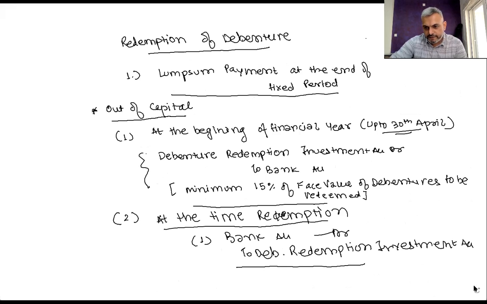Now go to the second entry. So second entry is we have to transfer the amount to debenture redemption reserve. How much? 25%. So transfer to reserve. Write the heading.